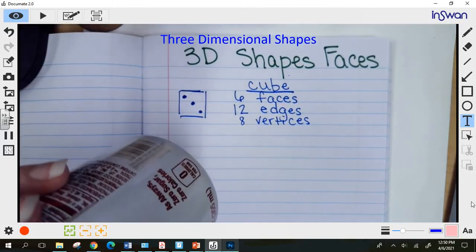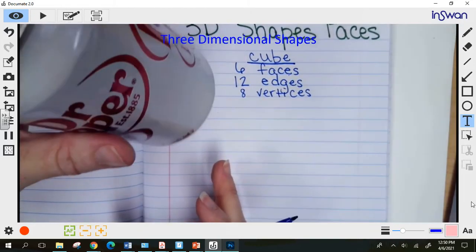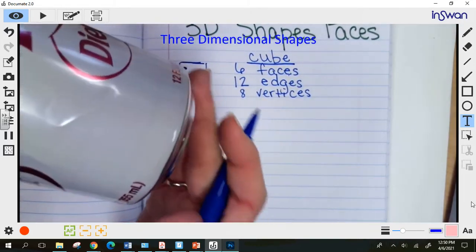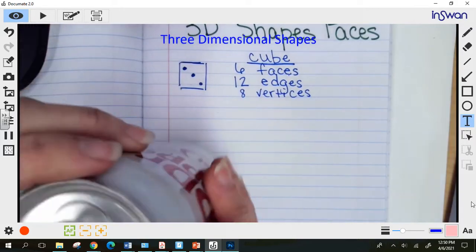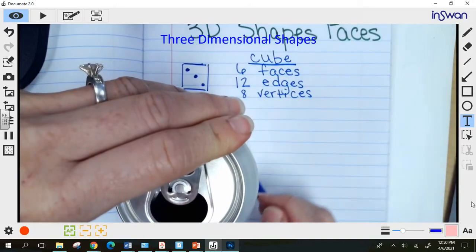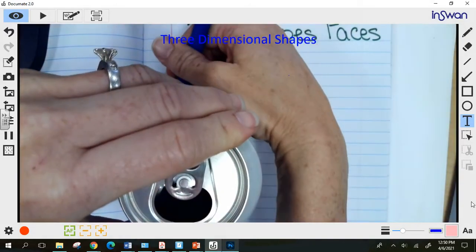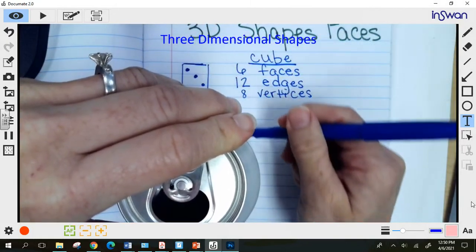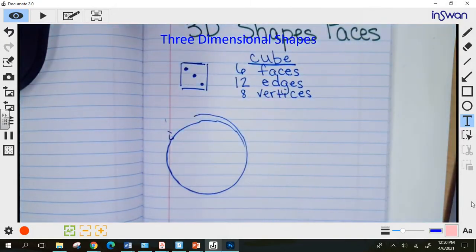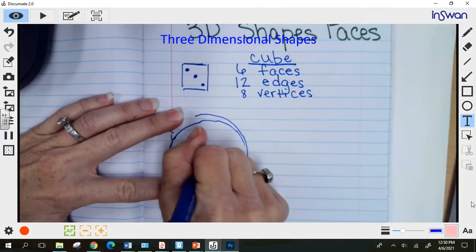So I've got my favorite drink here, my Diet Dr. Pepper. This is a cylinder shape. It's rounded here, but I've got a circle face on the top and bottom. I am going to draw the face and trace it right here. And like I said, it's not perfect, and that's okay, because it is hard to trace this. So there's my Dr. Pepper.